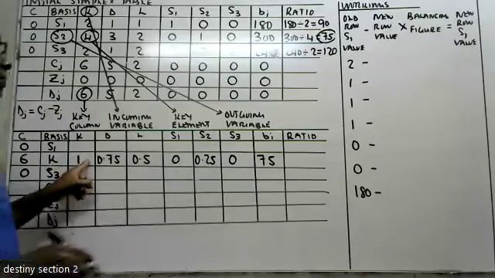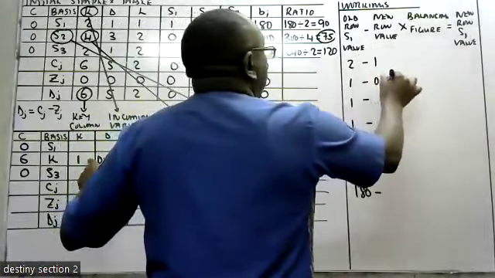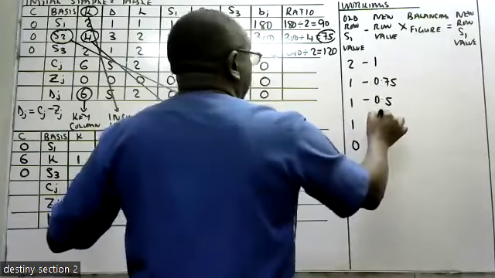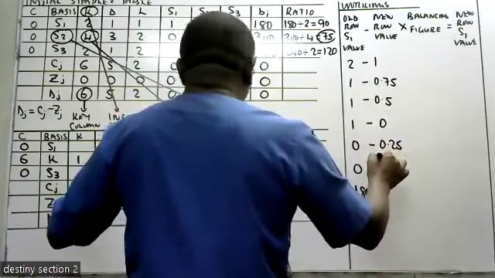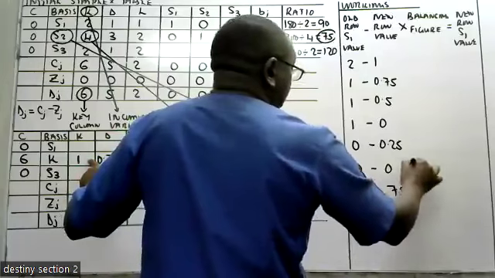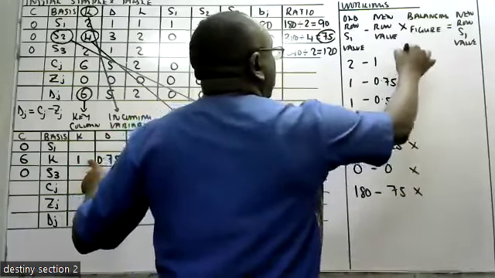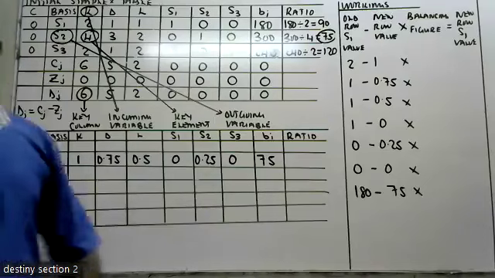So we record them: 1, 0.75, 0.5, 0, 0.25, 0, and then 75. Then we say times the balancing figure.